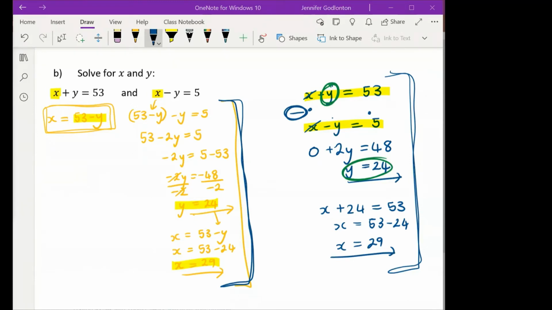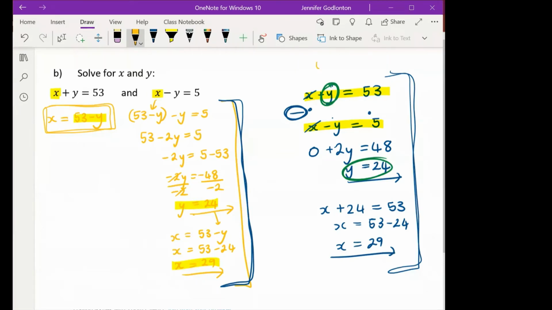Why didn't the x's in the elimination method cancel out immediately? And if we chose y, why didn't the y's cancel out immediately? Okay, so our y's didn't cancel out immediately because we're not saying y minus y.